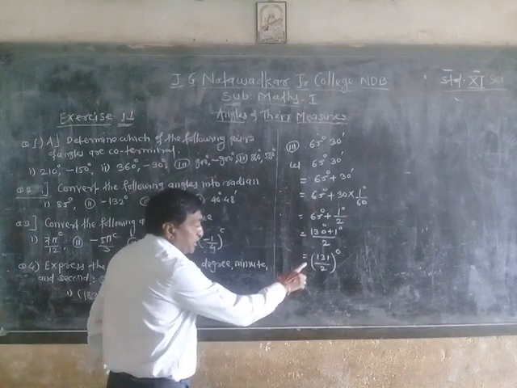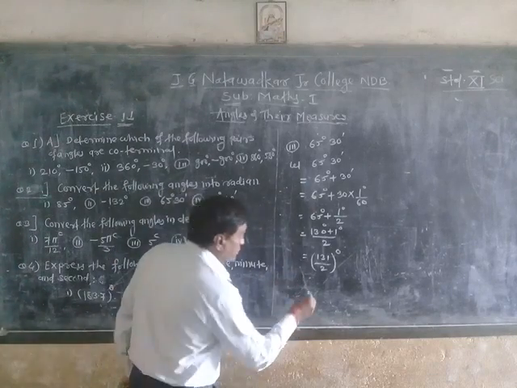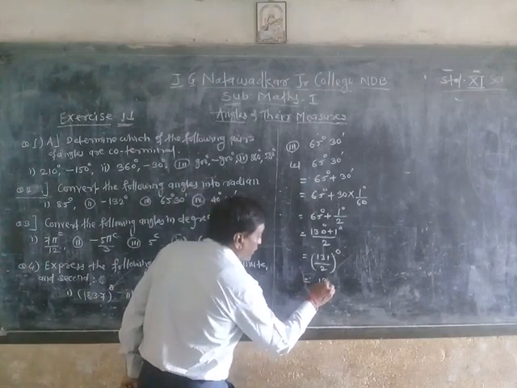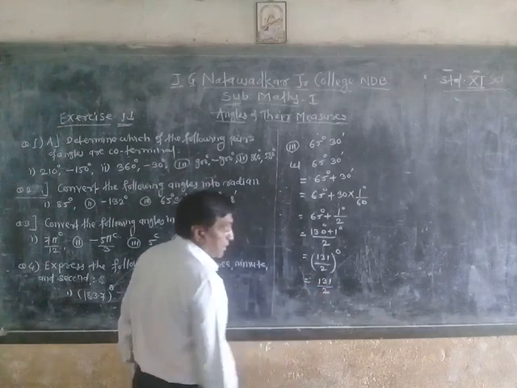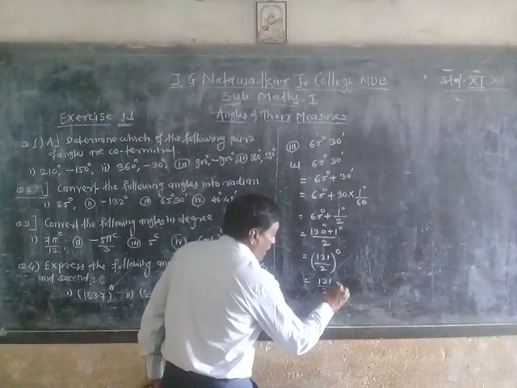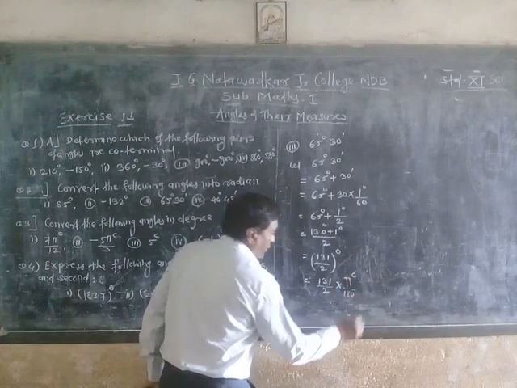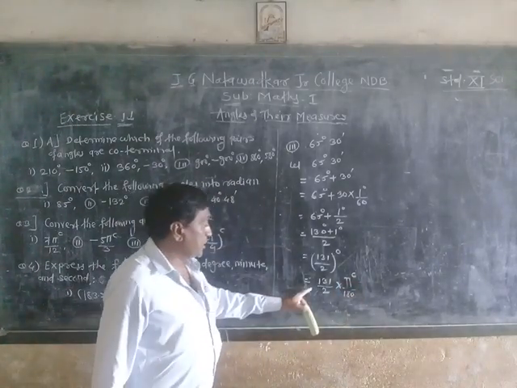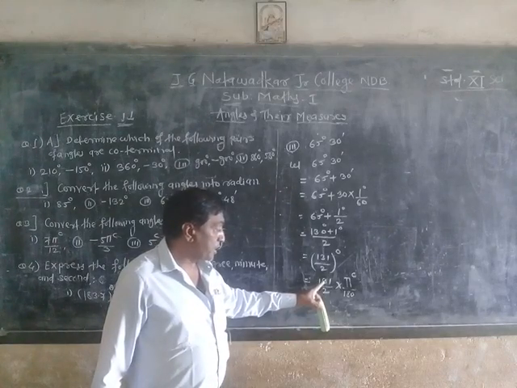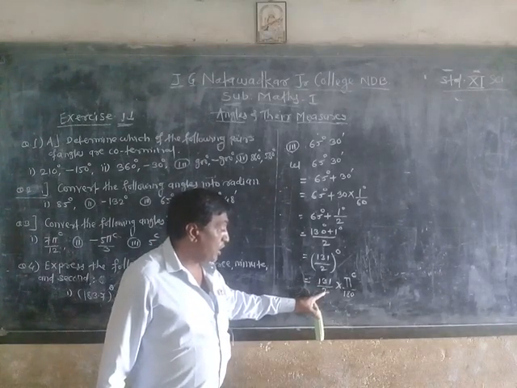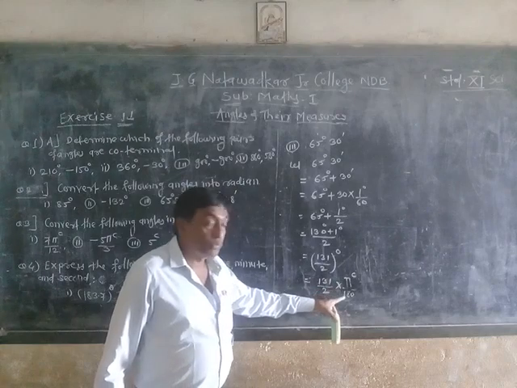And so now this degree measure will be converted into radian measure. So we multiply by this numerical part, 131 divided by 2, by pi radians upon 180. And so there is no cancellation between 131 and 2, or 131 and 180.